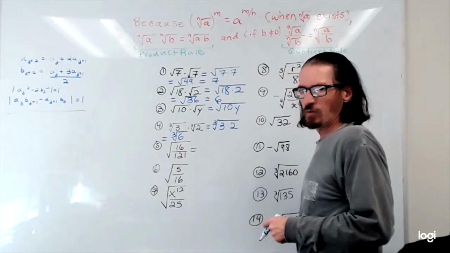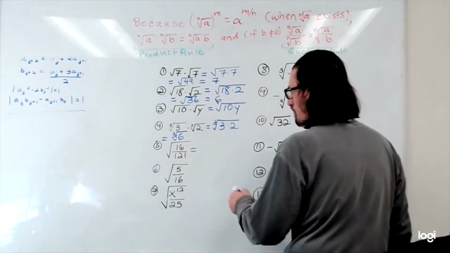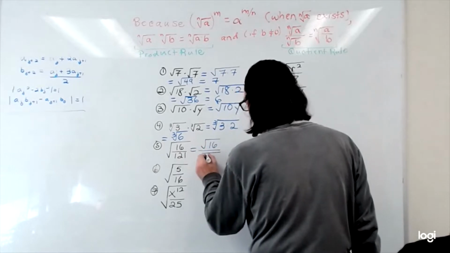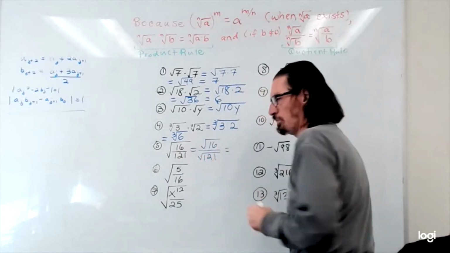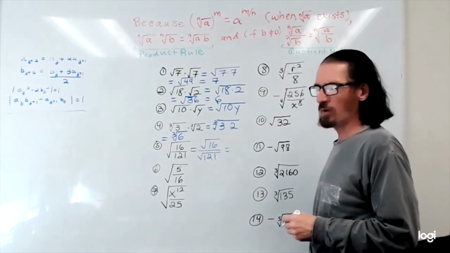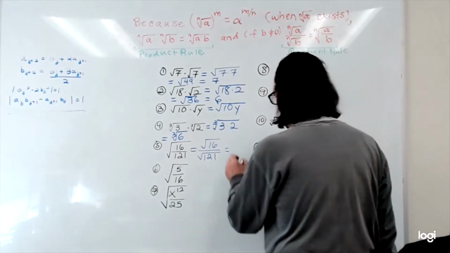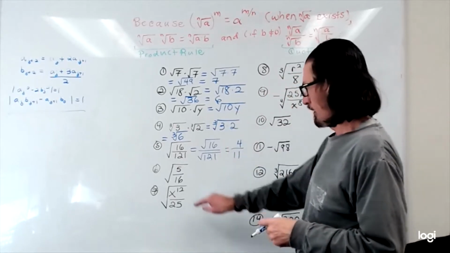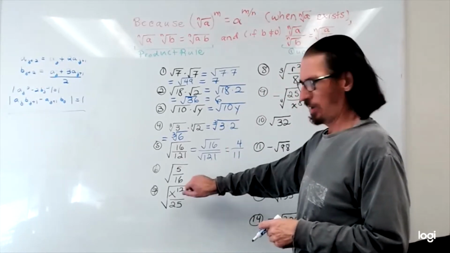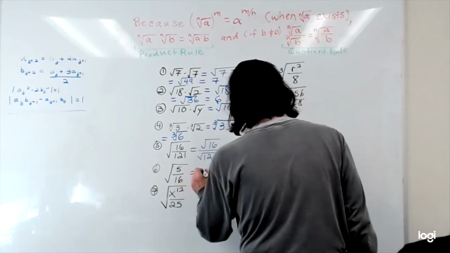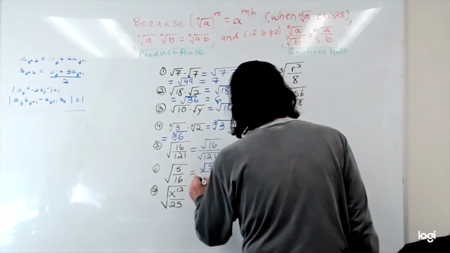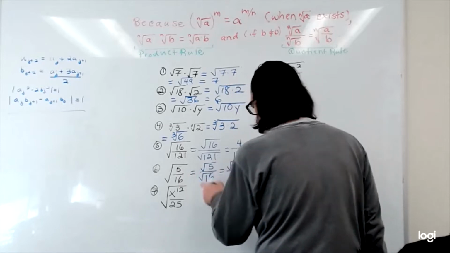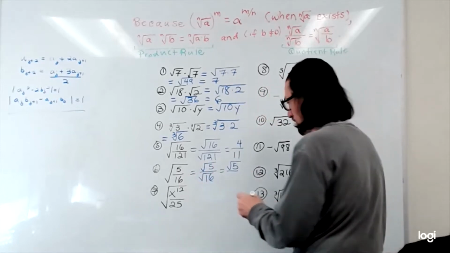In number 5, we're using the quotient rule to break this up, which is nice because both 16 and 121 are perfect squares. We'll do a similar thing here in number 6, but the 5 is not a perfect square. 16 is, the square root of 16 is 4.